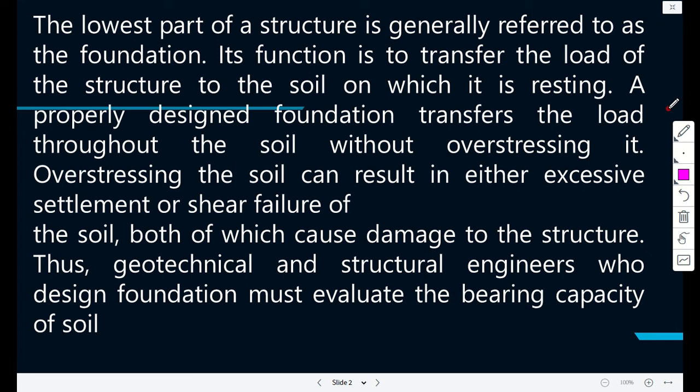Our material here is soil, so you need to make sure that you don't overstress it, because when you do, it will destroy the foundation and also the structure.